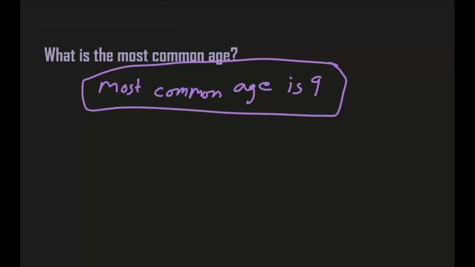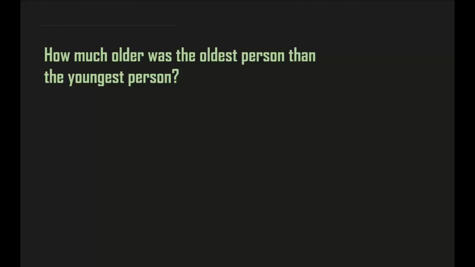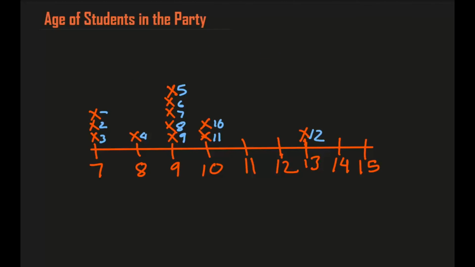Now, let's go to the next one. How much older was the oldest person than the youngest person? To answer this question, we first need to find who's the oldest and the youngest person. Let's go back to the line plot.